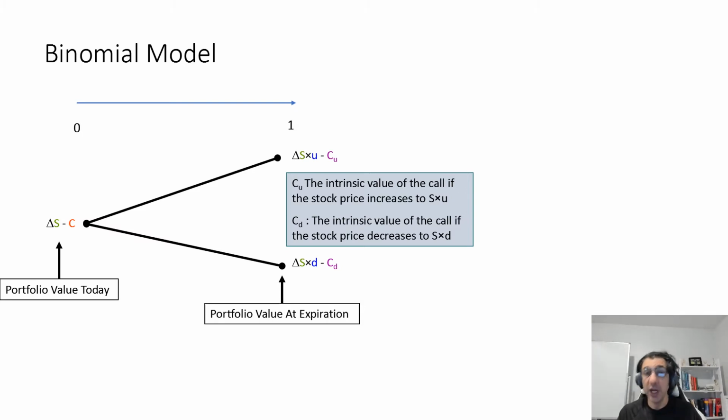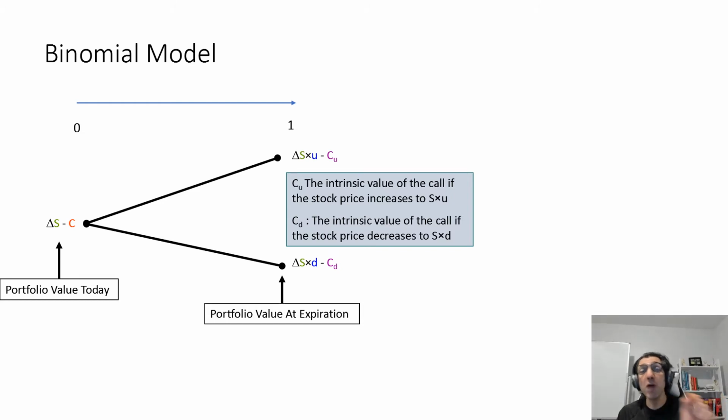And be careful here, you are writing the call. So as the price of the stock is going up, remember that you will lose more money because you are writing, you are selling the right to buy the stock. So the option holder most probably will exercise the option to buy at the lower price because the stock now is higher, so the strike or exercise price is lower, so you will lose more.